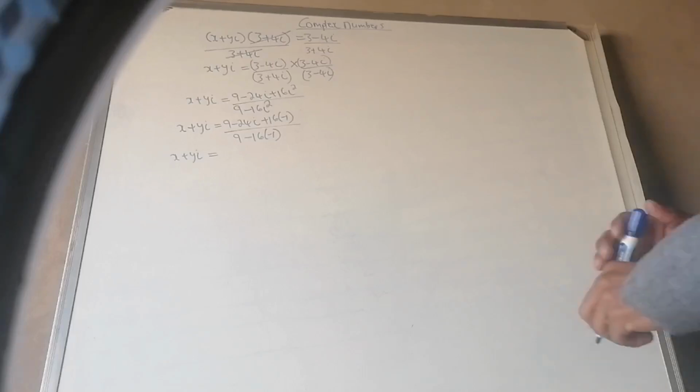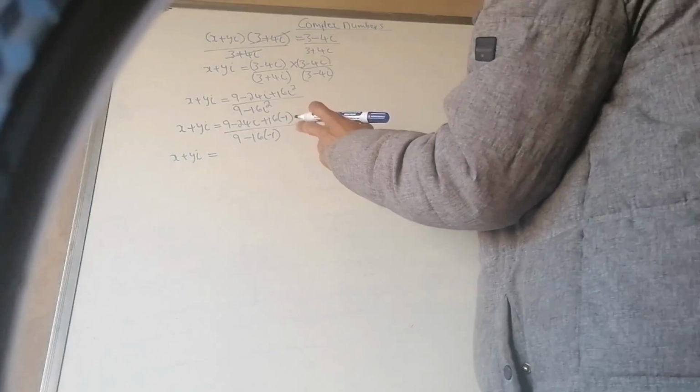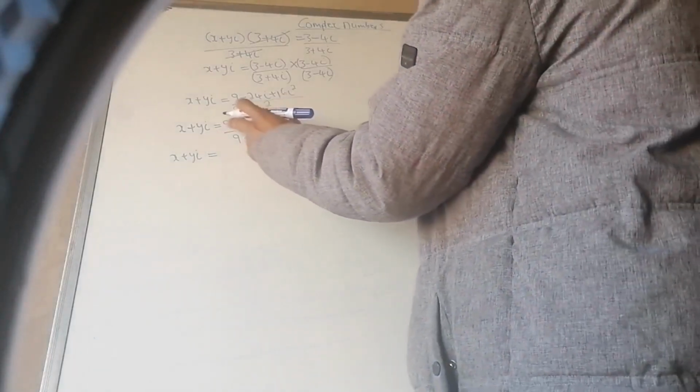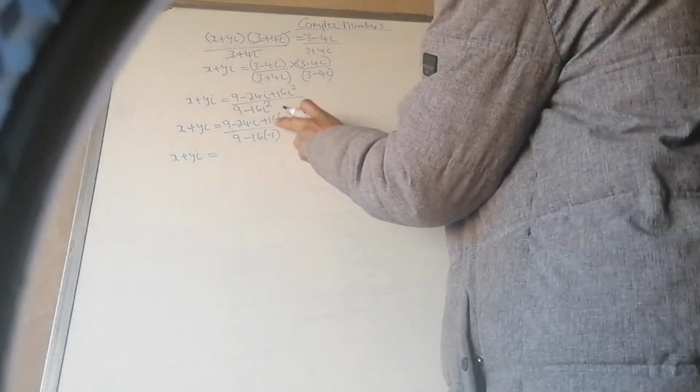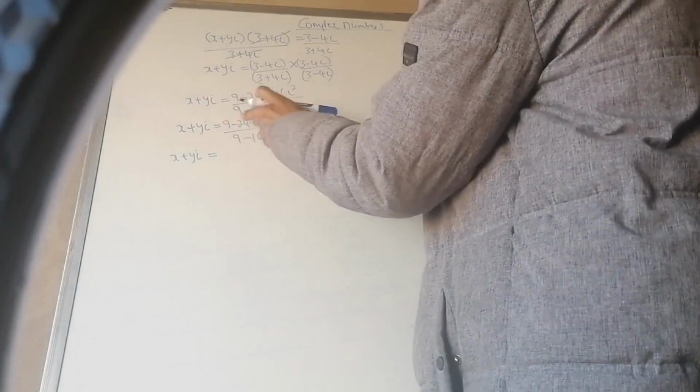And I will have 9 plus 16 in the denominator. Let me just check very quickly. We have a calculator, we don't have to stress ourselves about these things. In the numerator, 9 minus 16 gives minus 7, because 16 becomes negative and they are like terms.